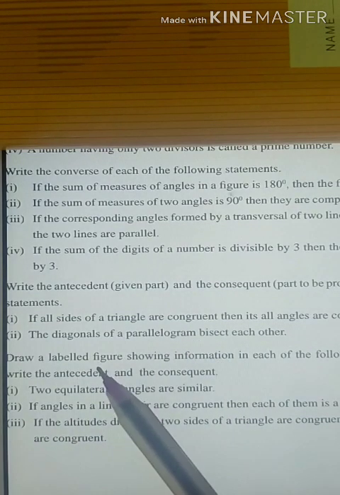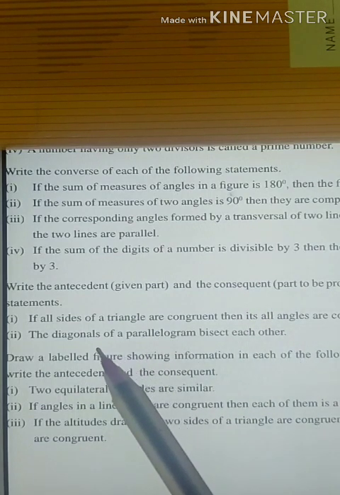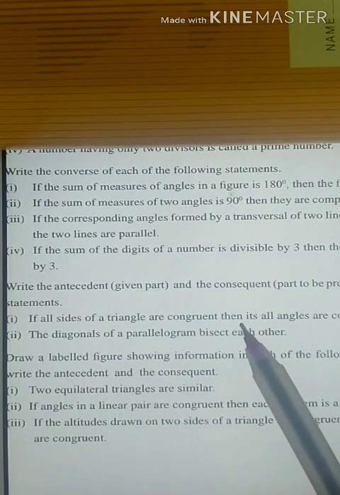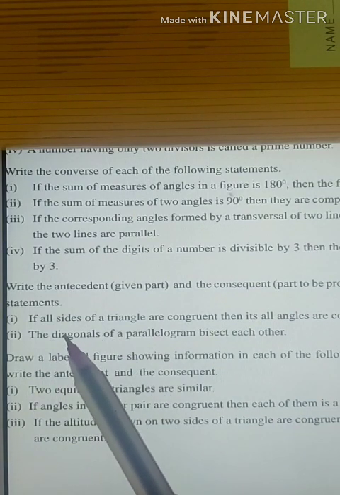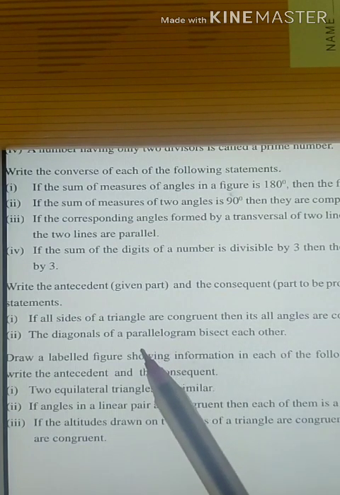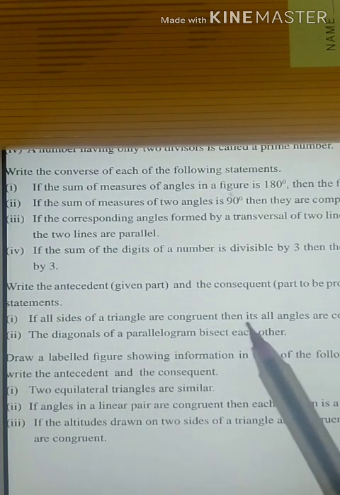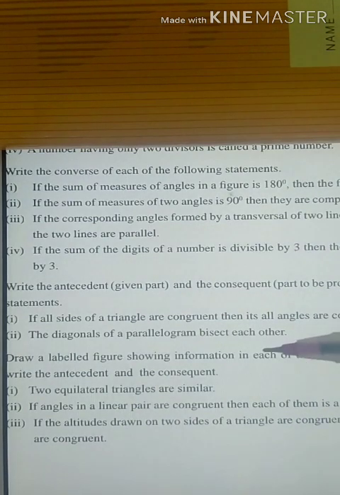What is coming after then? Then its diagonals bisect each other, no? So consequent will be diagonals bisect each other. So this way you will be able to write the converse, if and then form, and antecedent and consequent.